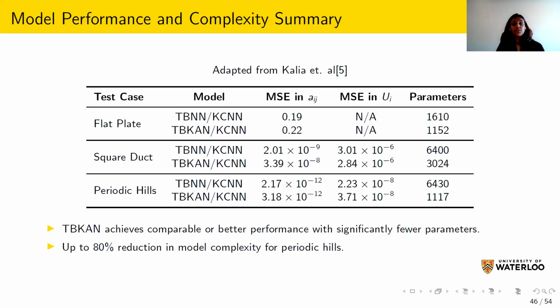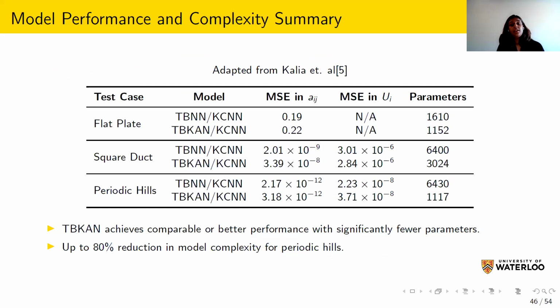If I summarize the model performance and complexity across the flat plate, the square duct, and the periodic hills, you can see that the mean squared errors for both the AIJ and UI terms are fairly similar, but the number of parameters is where the significant difference occurs.